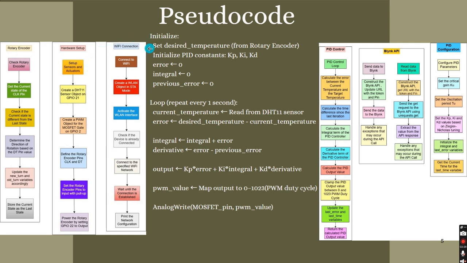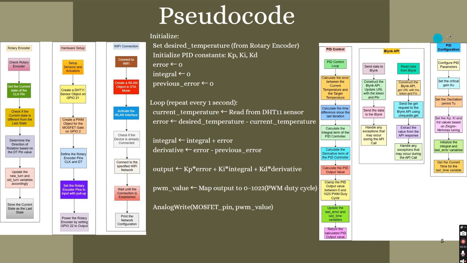The Wi-Fi connection function will help to connect to a certain Wi-Fi network. Here is the PID control function which I have already discussed, and the Blynk API has two important functions, that is send data to Blynk, which is ESP will send data to Blynk, and read data from Blynk is the Blynk will send data to ESP32.